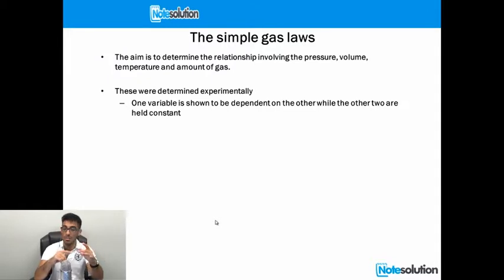Let's say you change temperature while keeping volume and pressure constant, then the amount of gas would change. Again, this is just hypothetical. Amount of gas is usually constant, and pressure, volume, and temperature are the most important variable factors.